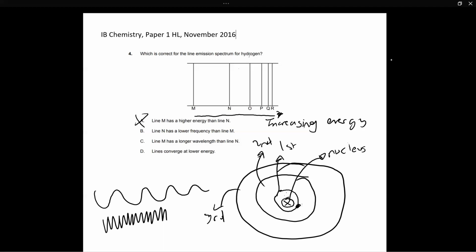Now I want you to remember a very general rule. If you're not a physics student like me, I just want you to remember something. Higher frequency is equal to higher energy.